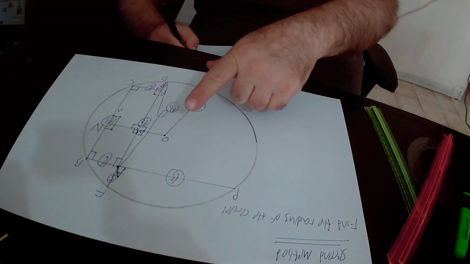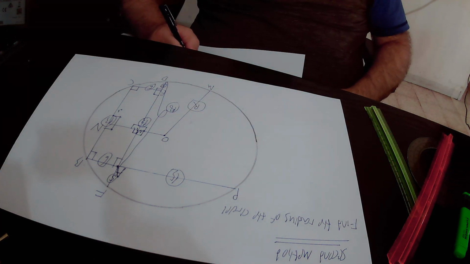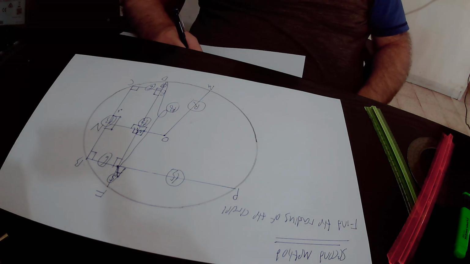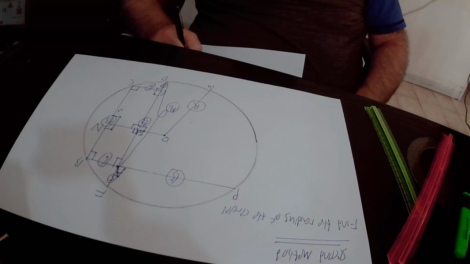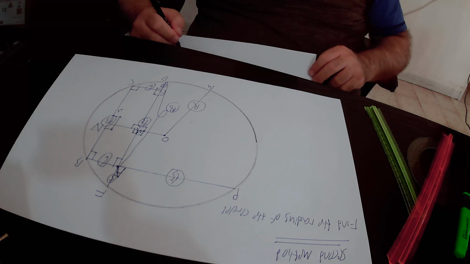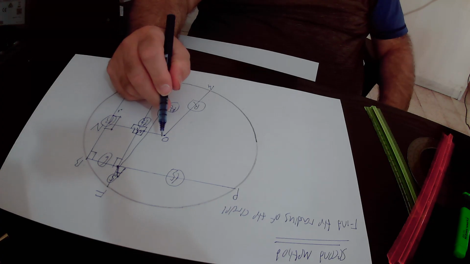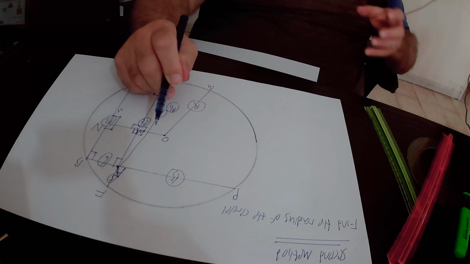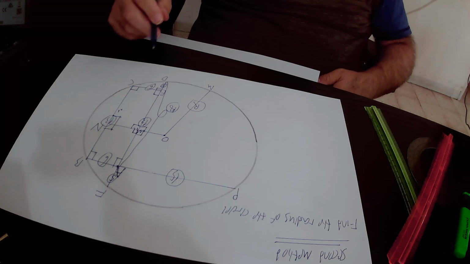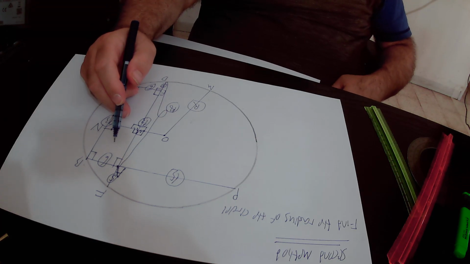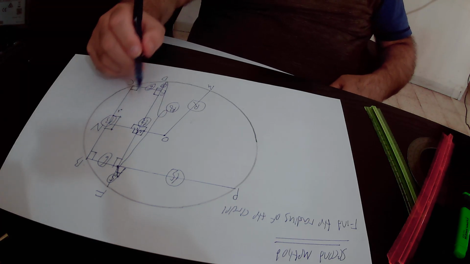AD equals 18, therefore AD squared equals 18 squared, that is 324, plus PA squared. PA equals 15, therefore PA squared equals 15 squared, that is 225, plus AB squared. AB equals 6, therefore AB squared equals 6 squared, that is 36.